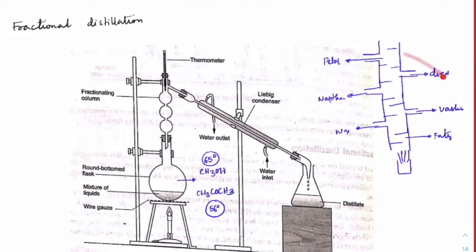What does this tell us? That petrol would have the lowest boiling point as compared to diesel, then naphtha, Vaseline, wax, and the rest of the fatty acids. So this is how fractional distillation is done. Mostly BPCL, HPCL, that is what their work is.